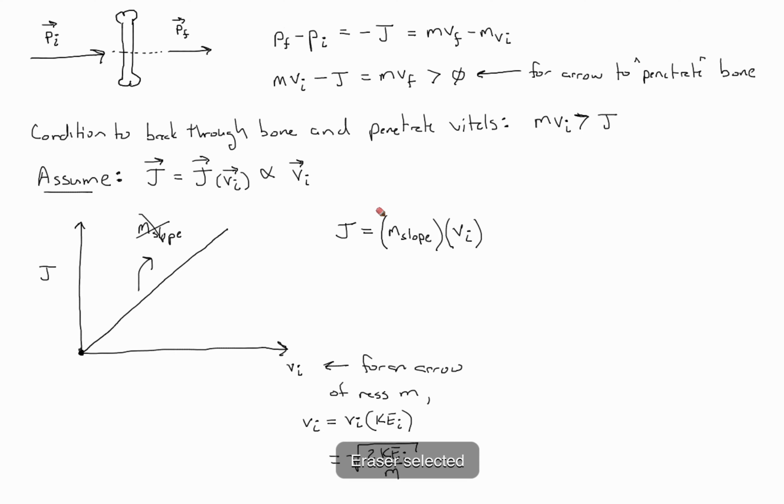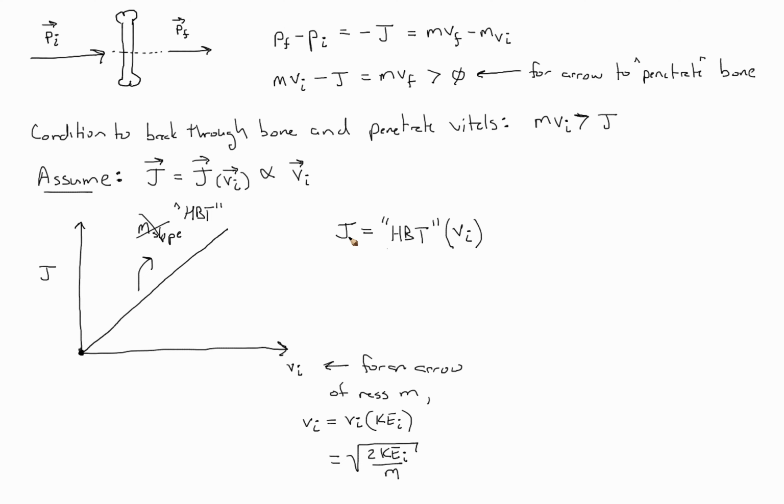And again, let's change the name. I don't want to call it slope. Let's call it HBT. You can call it anything you want to, but I'm going to call it HBT, and then we'll see what HBT actually is in a few moments.